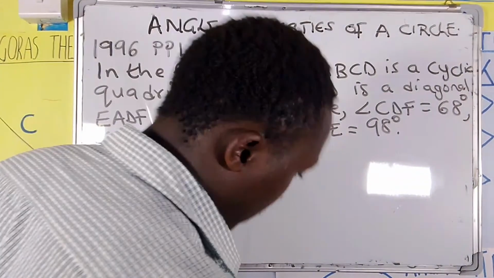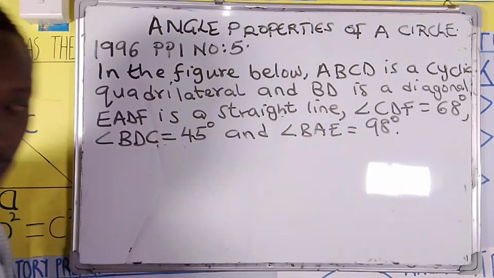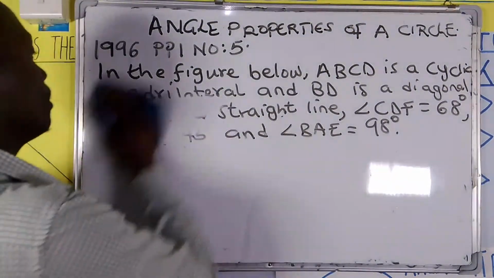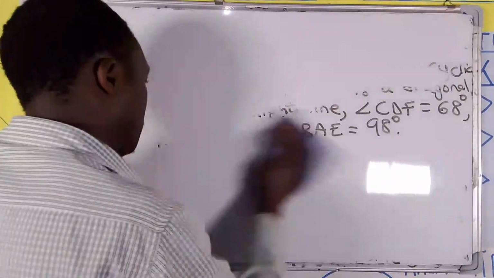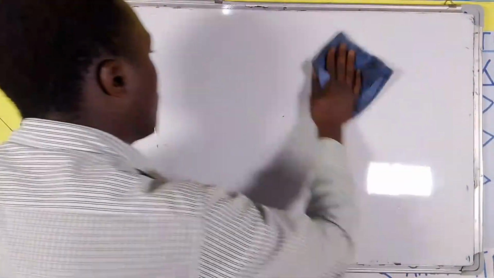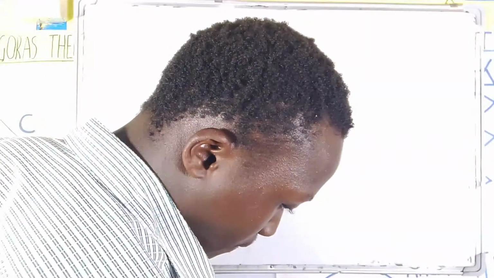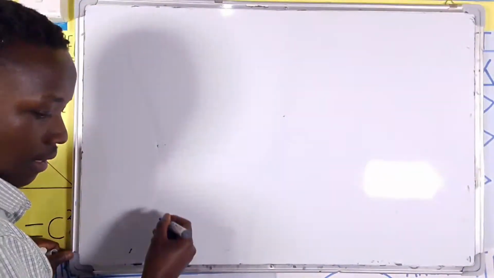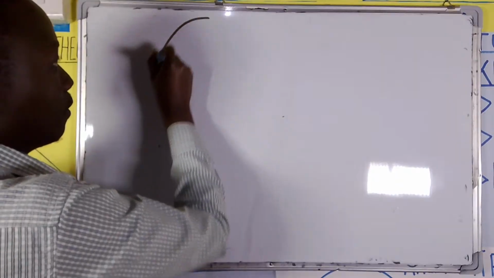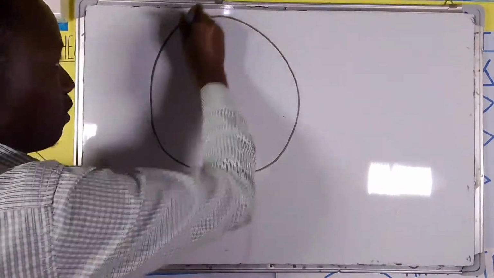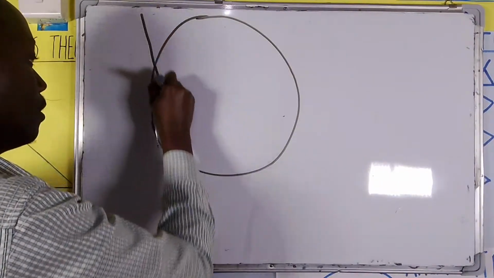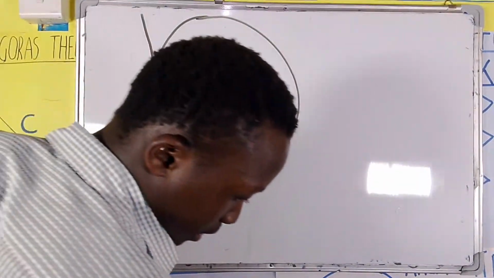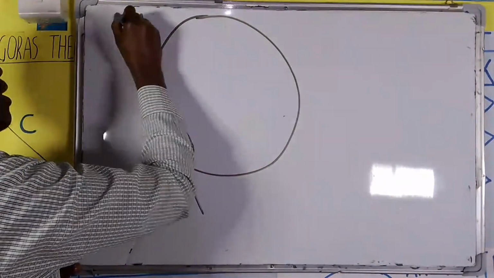Now let us have our diagram. I hope you have already written down the question, so we can now draw our diagram. Our diagram is like this. We have a circle, then we have a chord that cuts like that, and our chord is FE.